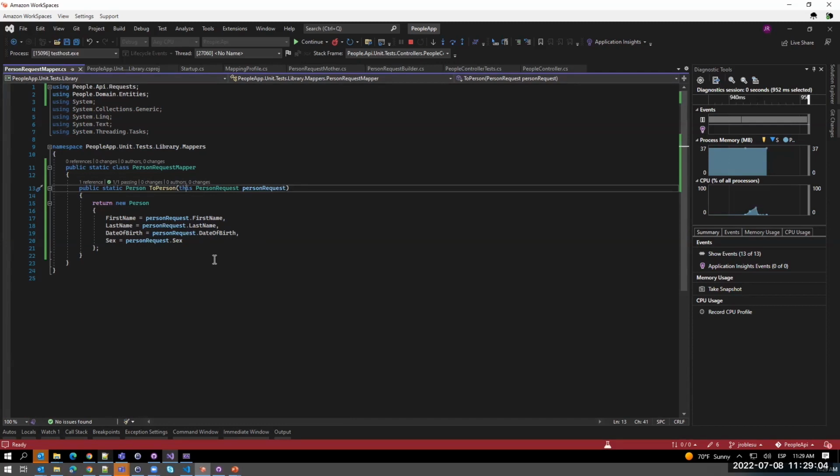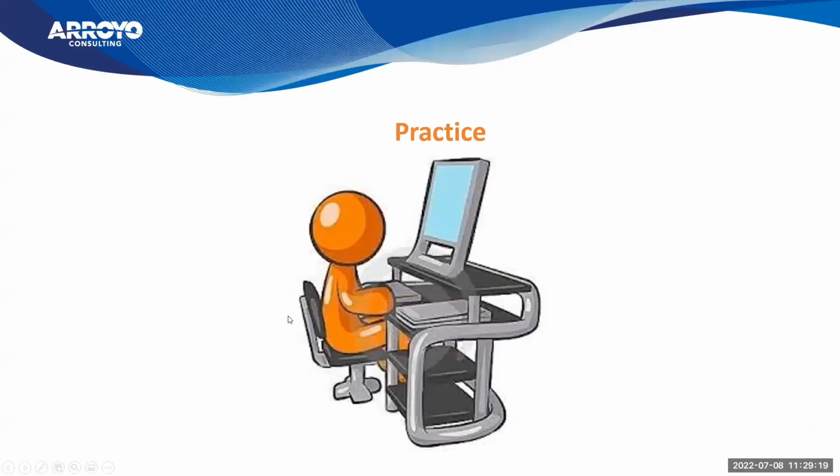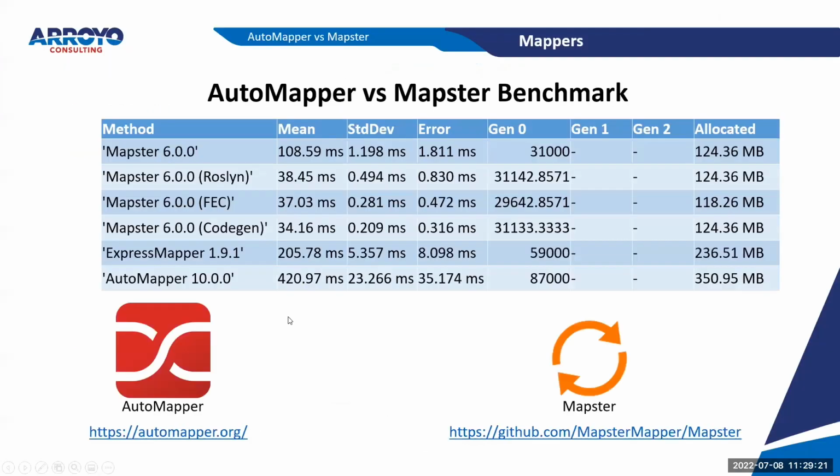Maybe you need to use a real mapper, not only a hand-written mapper, and I want to share with you another kind of mapper that really helps me. Okay, I want to present to you the Mapster mapper.